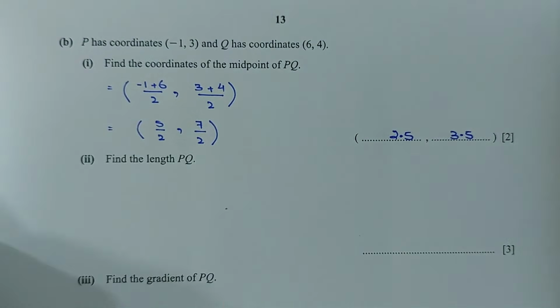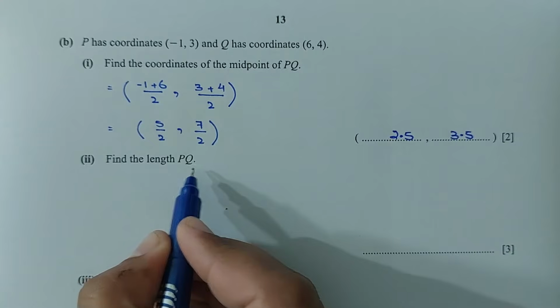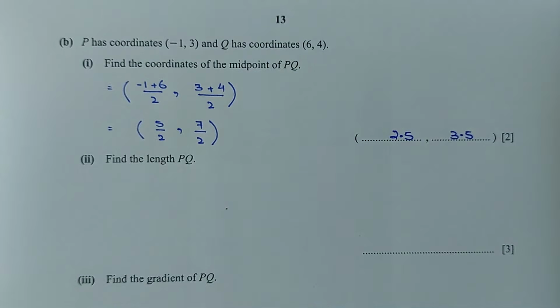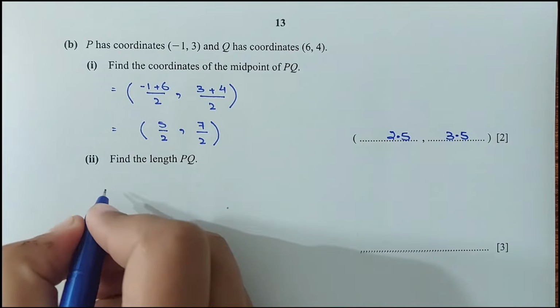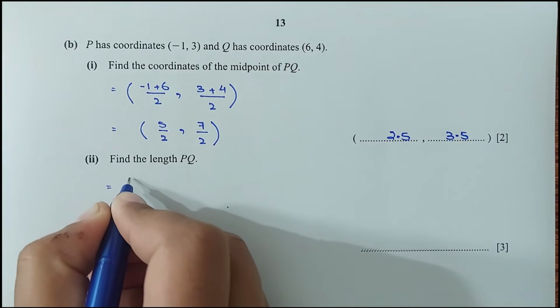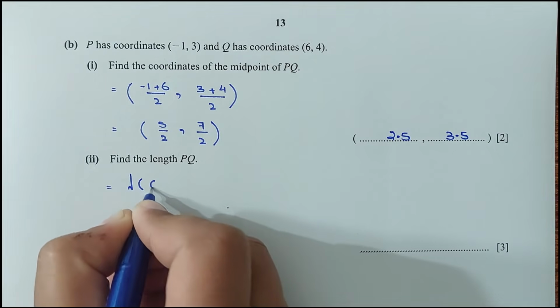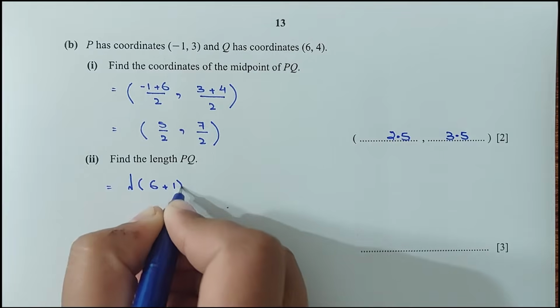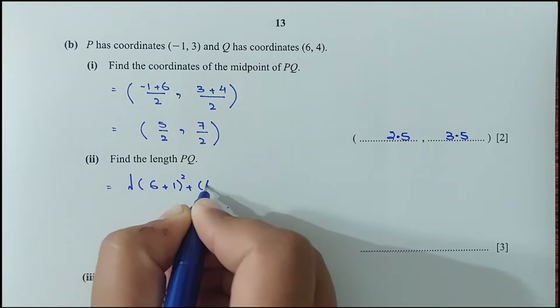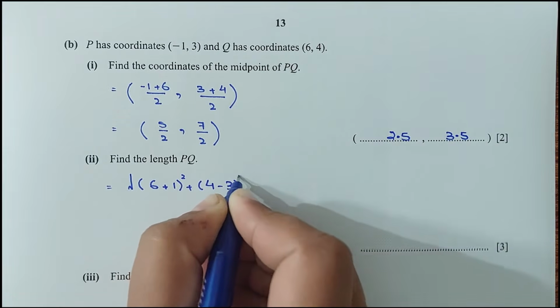All right. Now for the second part, find the length of PQ. So the length of PQ is the square root of (x2 minus x1) whole squared plus (y2 minus y1) whole squared.